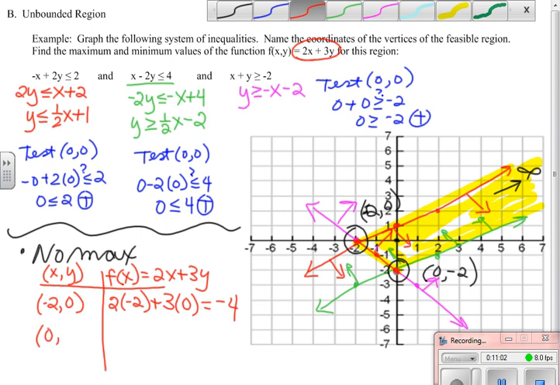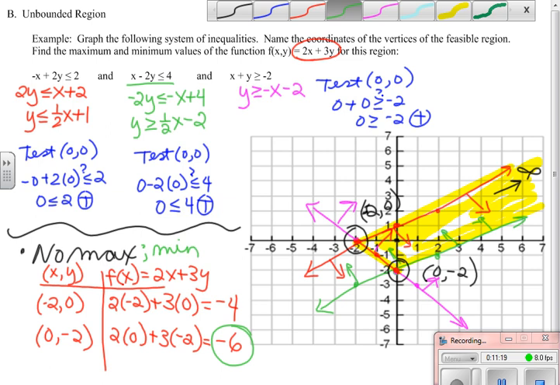And when I put 0, -2 in, I have 2 times 0 plus 3 times -2, which is -6. So my minimum value is right here. So the minimum is at 0, -2, and this is the minimum value of the function.